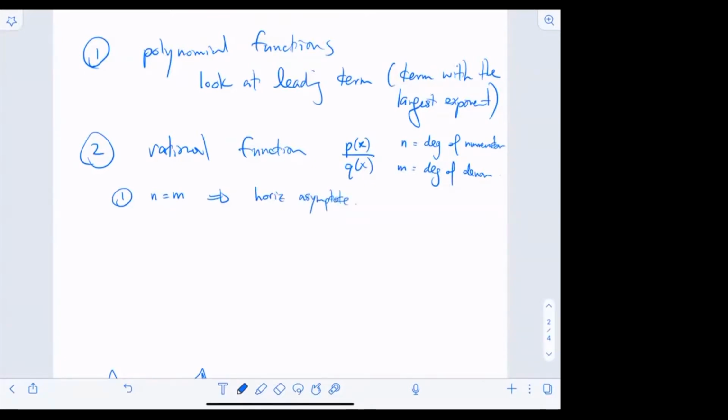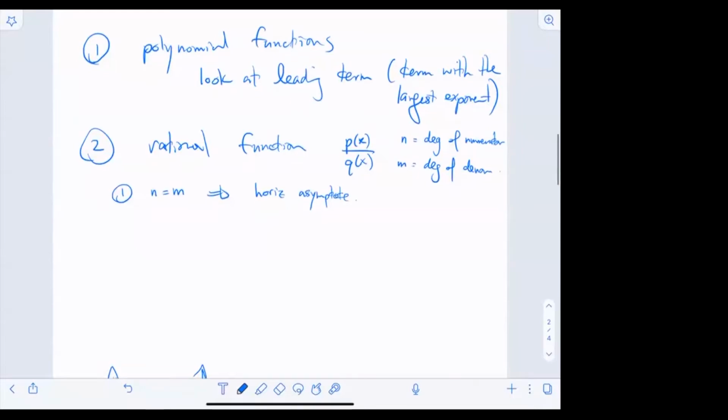What's another situation you could have? You could have that m, the denominator, is actually bigger than the numerator. When you have that situation, you're also going to have a horizontal asymptote, but a very special one: the horizontal asymptote y equal to 0.